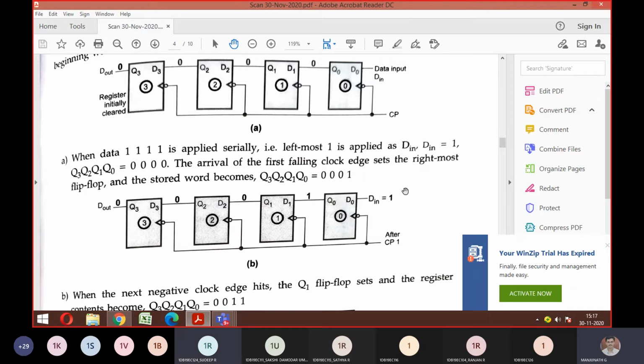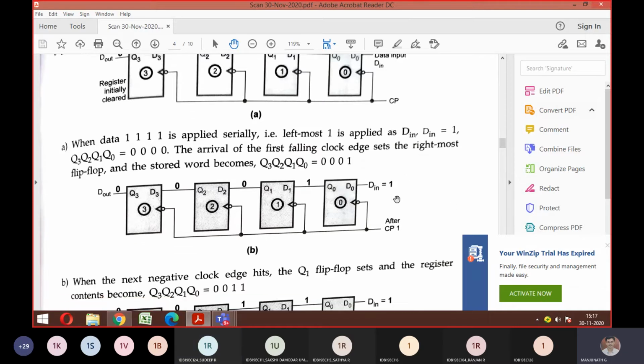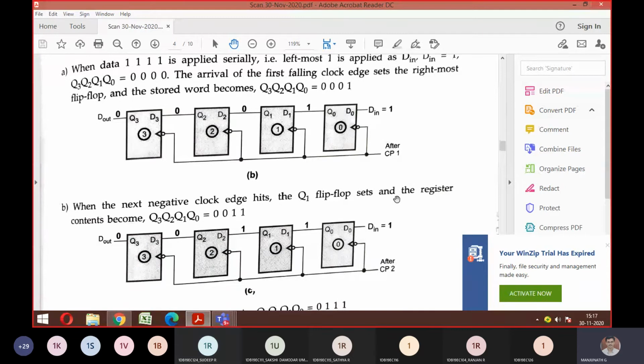Now the second input I am feeding is 1. So tell me what is the output. This 1 will come here, and this 1 will shift here. Correct? So after the second pulse I am going to get 0011 as the output. Correct or wrong? Yes, sir. Fine. Same way, third pulse. What is the answer? 0111. Good.